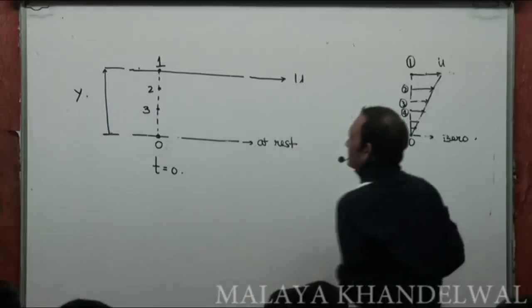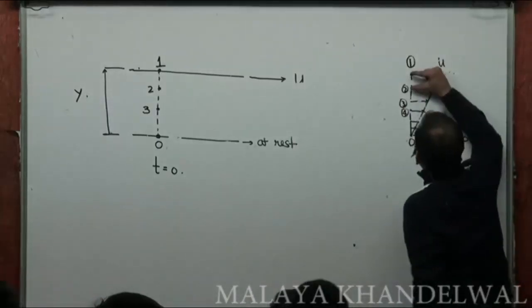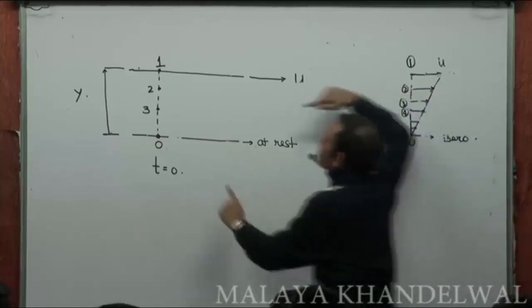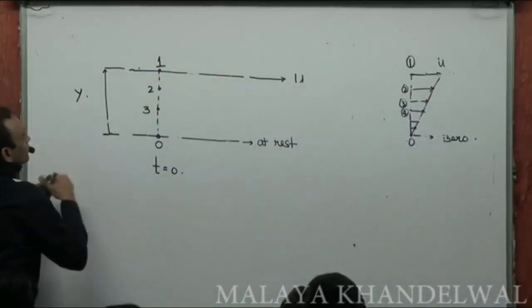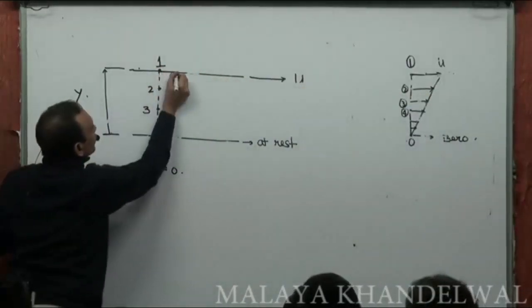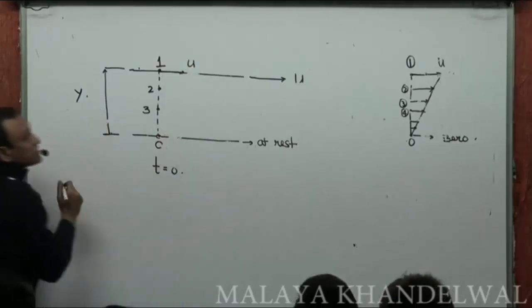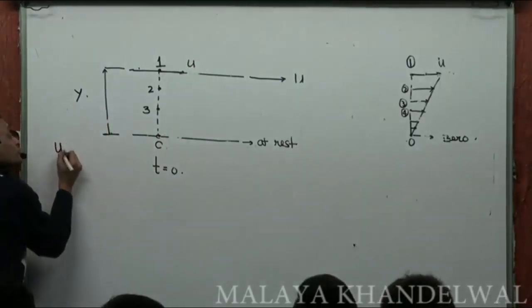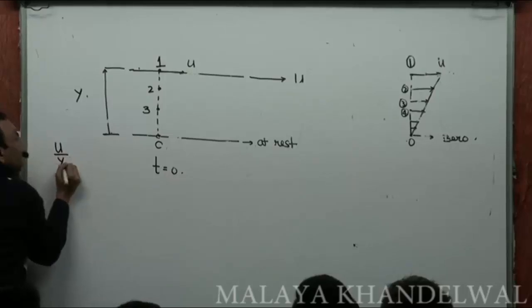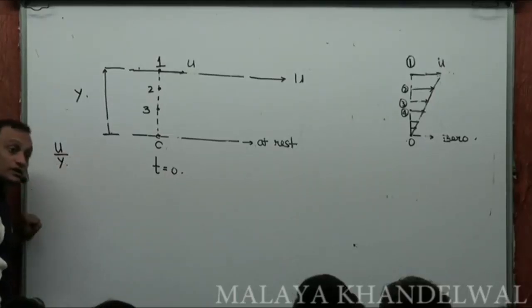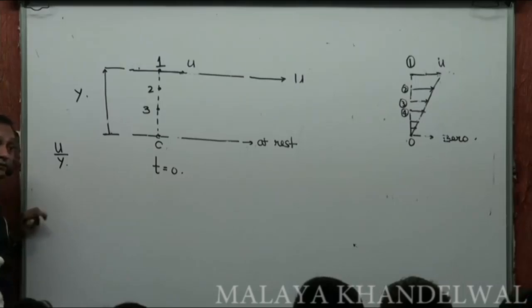In this case, for every unit distance, u changes by the same amount. For a distance y, at 1 velocity is u, at 0 velocity is 0. That means the change in velocity per unit distance is u by y.